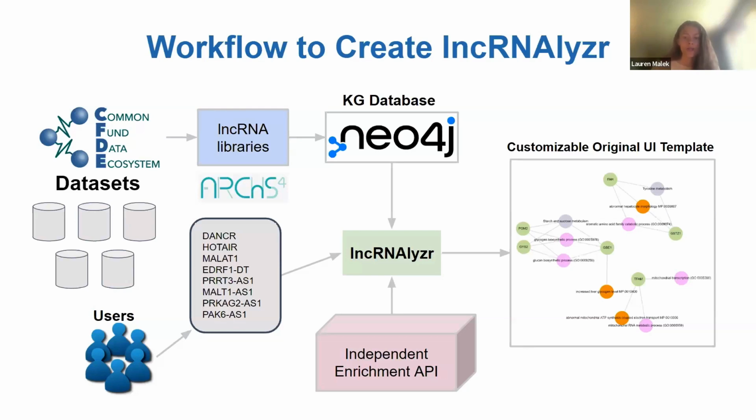To perform the enrichment analysis, we developed an independent new web server accessible via an API. When using the web app, the user inputs the list of lncRNAs, and then these are sent to the enrichment analysis server. The server then returns the results, and the results are visualized as a subgraph of lncRNAs and their enriched terms based on the information in the knowledge graph database.